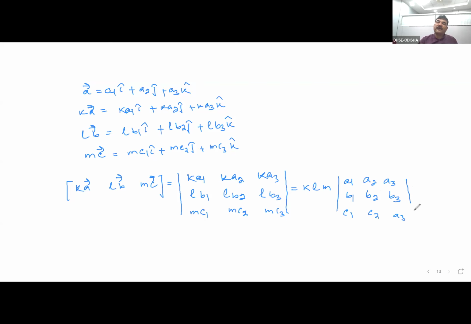So A1, A2, A3, B1, B2, B3, C1, C2, C3 is nothing but the scalar triple product of vectors ABC. This is equal to K L M box product A bar, B bar, and C bar. Hope it is clear to you.